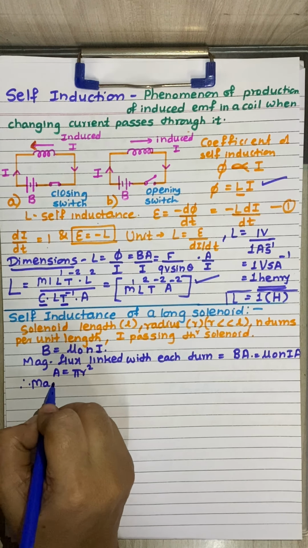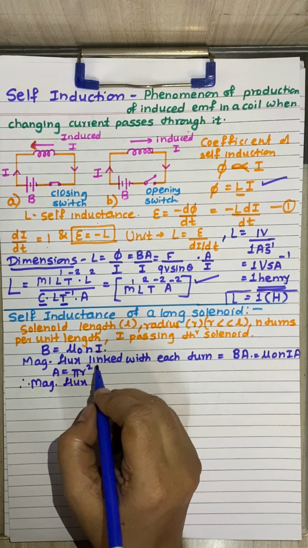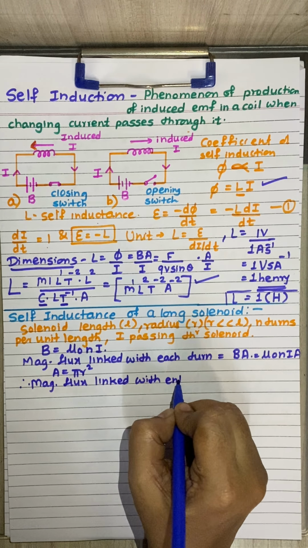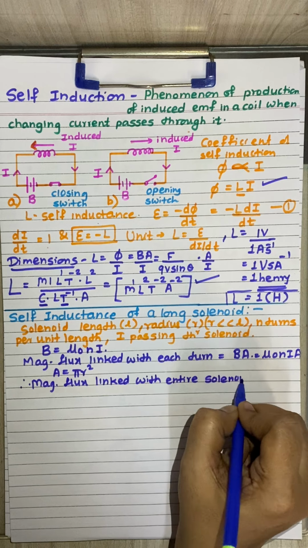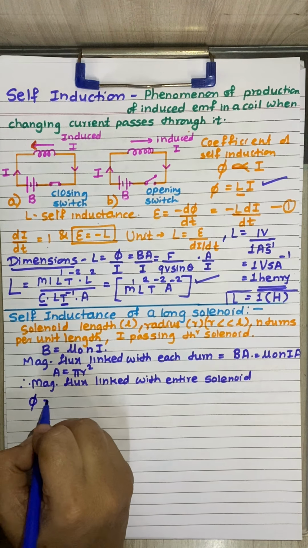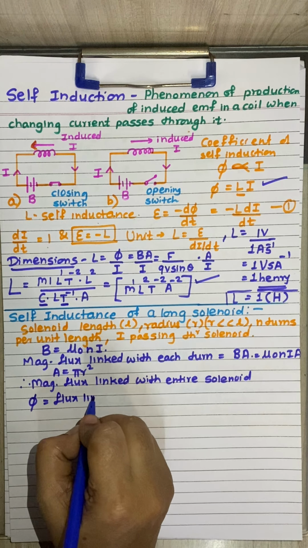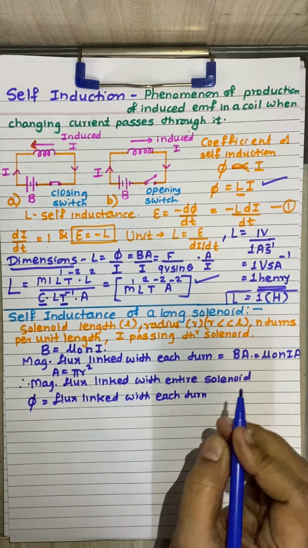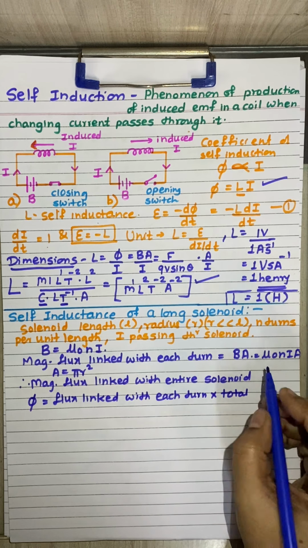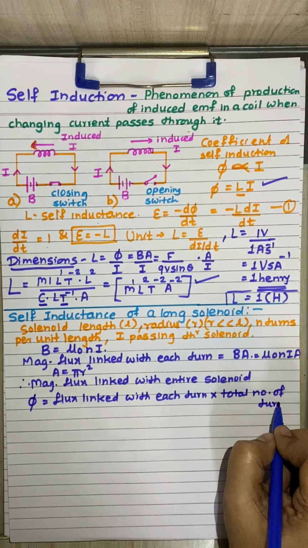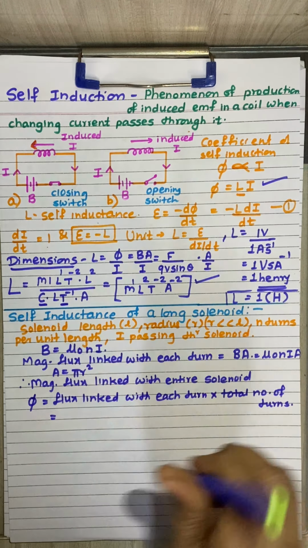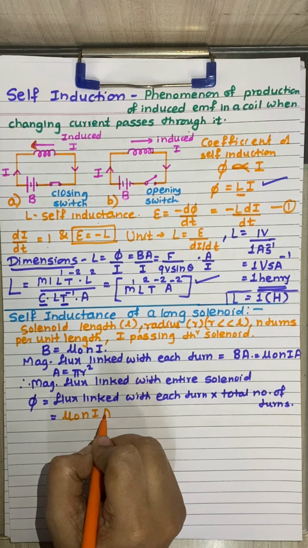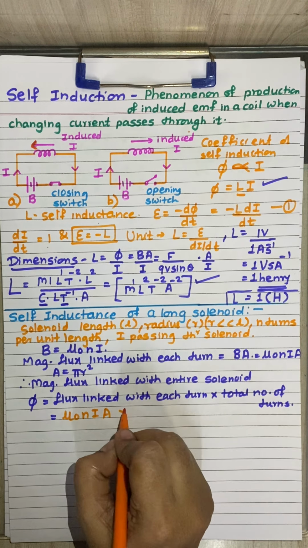So the magnetic flux linked with the entire solenoid is given by phi, which is the flux linked with one turn multiplied by the total number of turns.